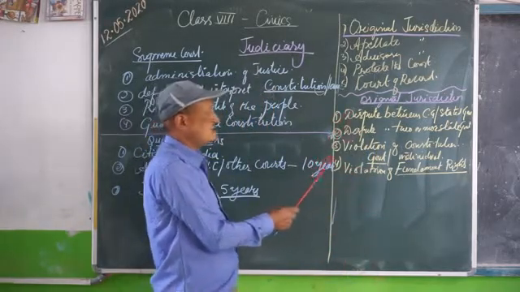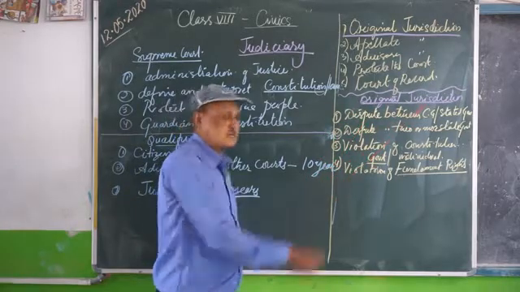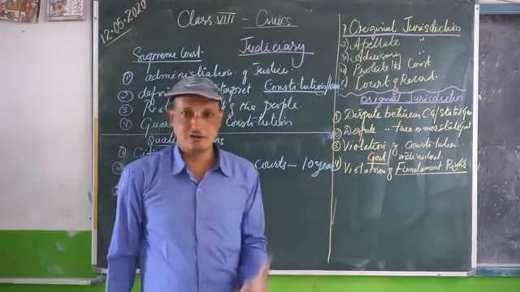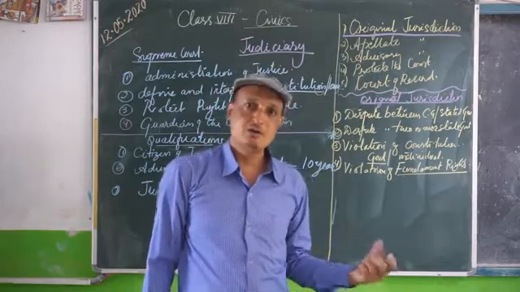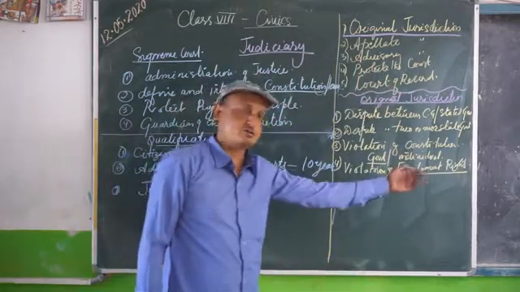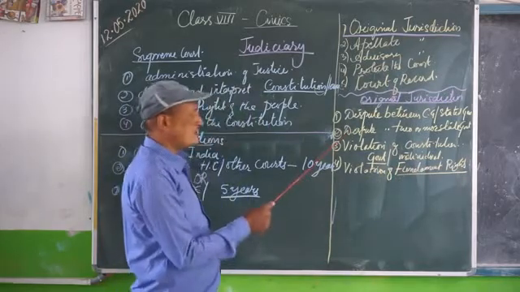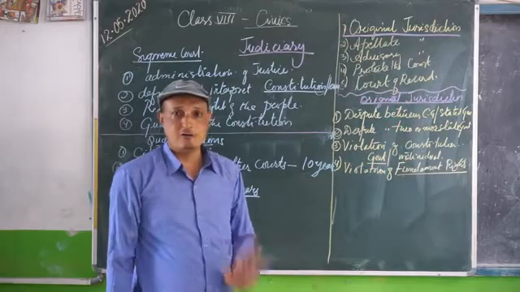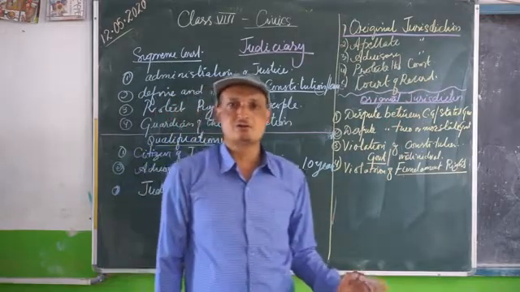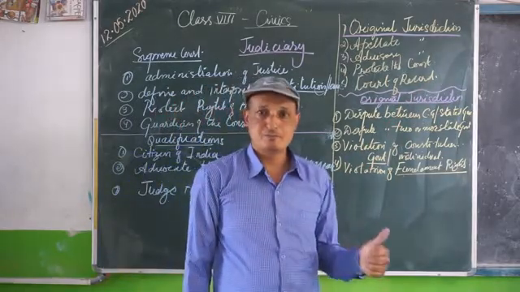If there is a dispute between the central government and state government, then that case can originate only in the Supreme Court. It can be brought straight to the Supreme Court. Second one, if there is a dispute between two or more state governments, these type of cases also can be brought to the Supreme Court.